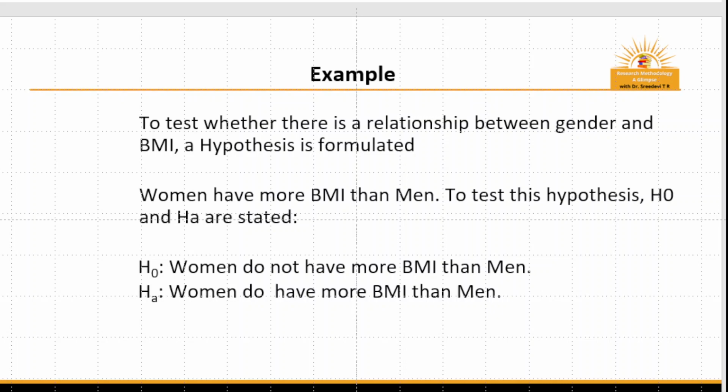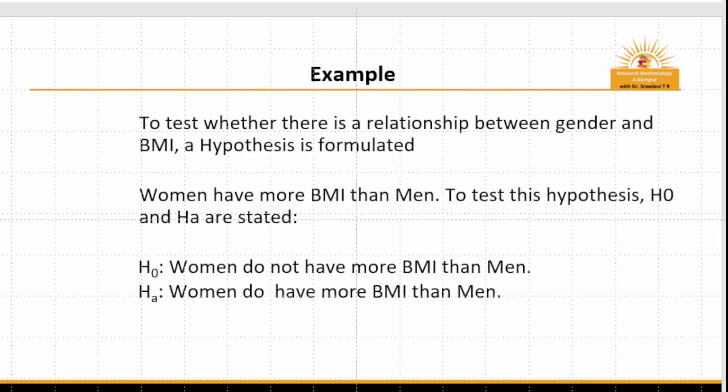Then the next step is we have to do the appropriate statistical test. Appropriate statistical test has to be done. Here, because we are comparing two means, we can do an independent t-test.